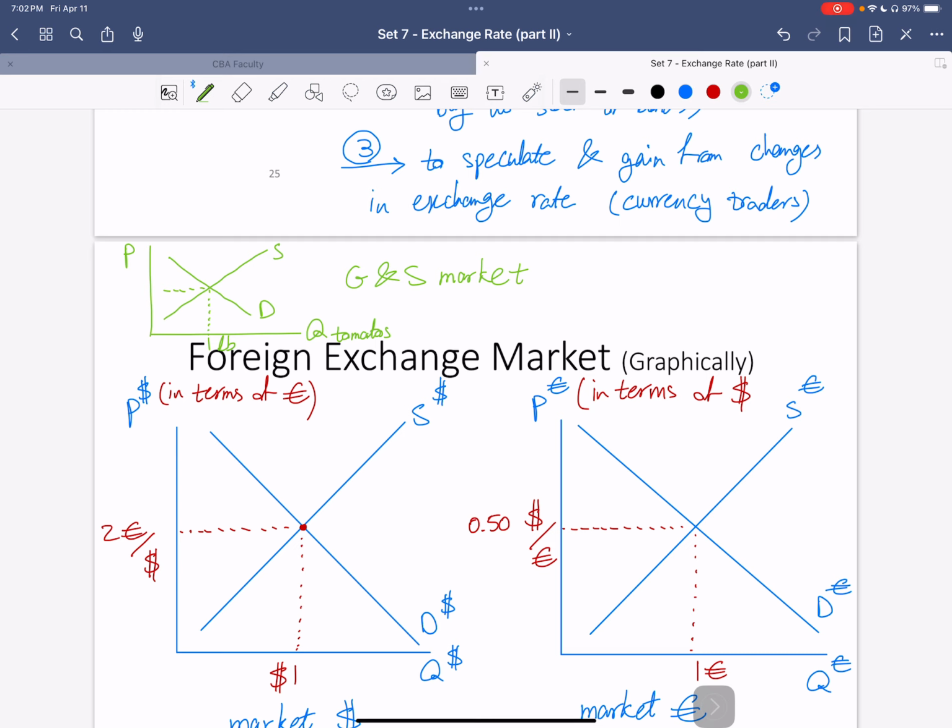Each pound is $2 per pound. So the price here for the goods is in terms of dollars. And here, the price of the dollar should be in terms of another currency that we want to exchange it with.